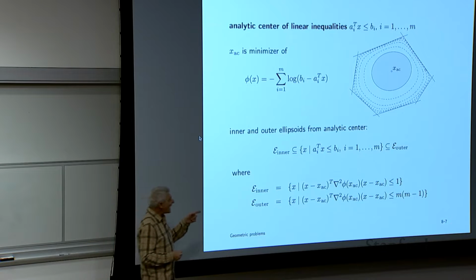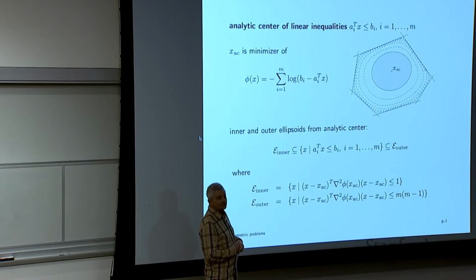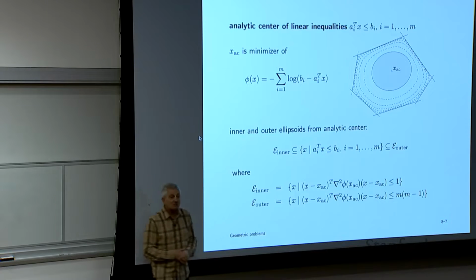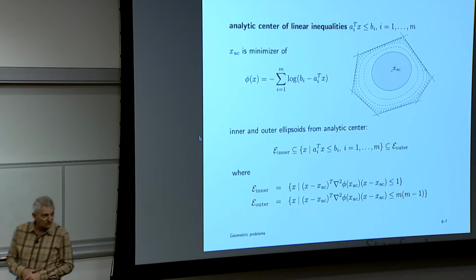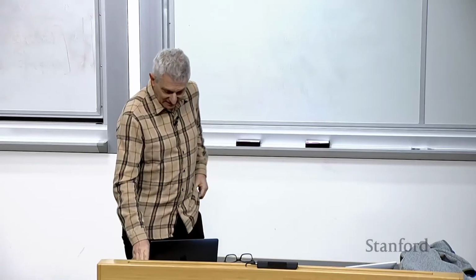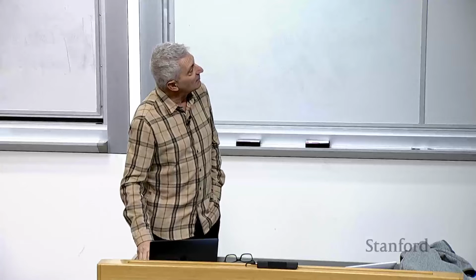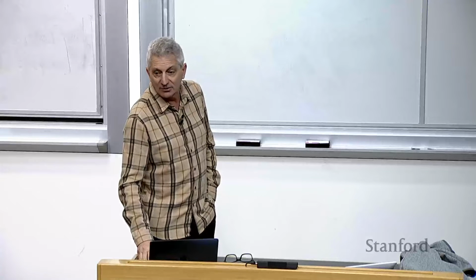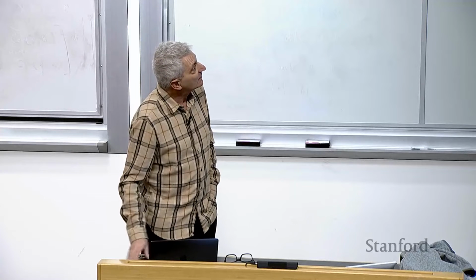Here it depends on m, the number of inequalities. So if m is much larger than n, this is a worse approximation bound for a convex set. You'll be seeing much more about this in a couple of weeks.